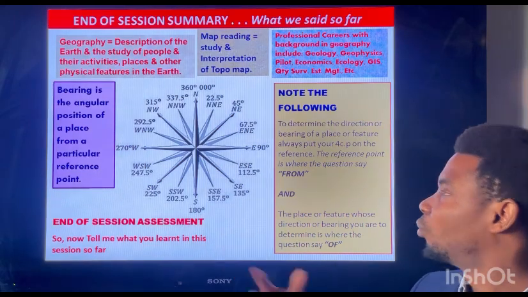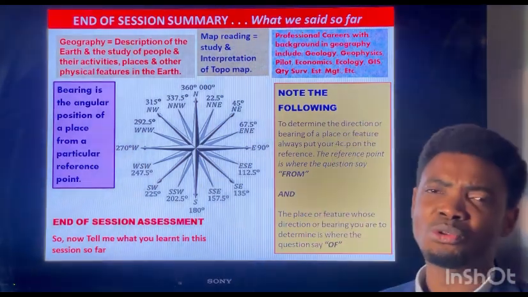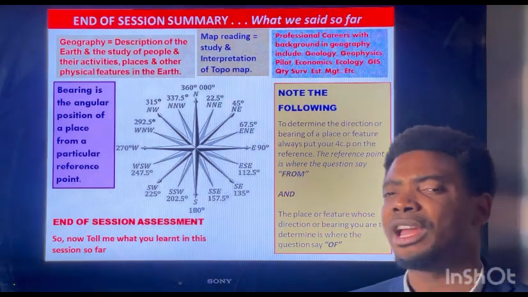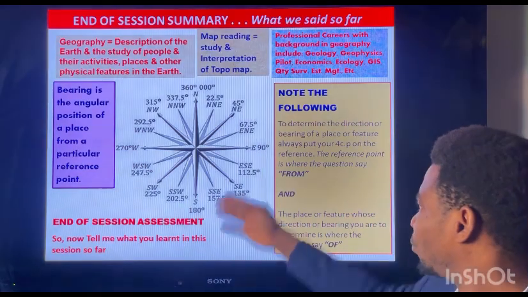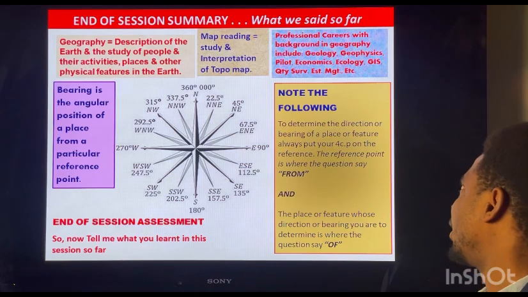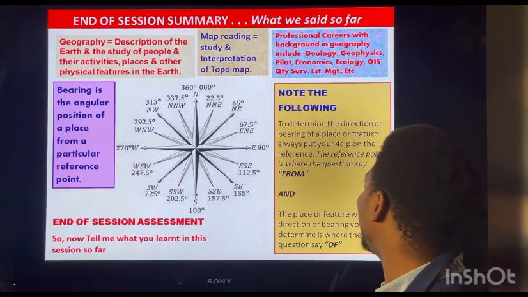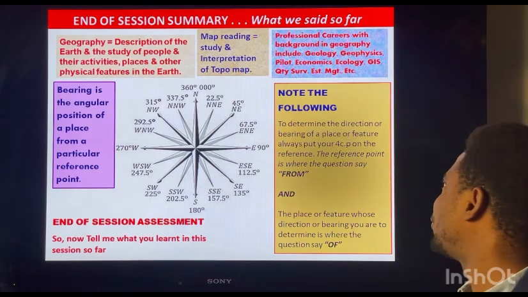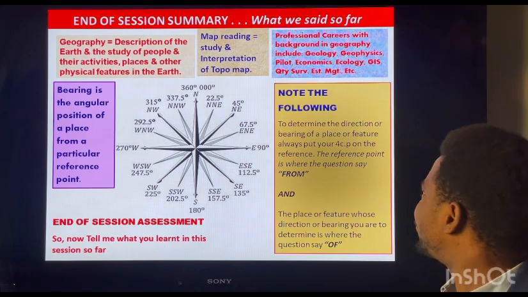Then we also talked about bearing. Bearing is the angular position of an object from a particular reference point. And I want you to note the following: to determine the direction or bearing of a place or a feature, always put your 4 cardinal points on the reference.